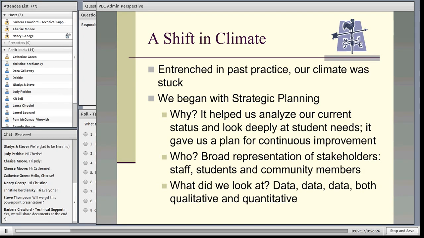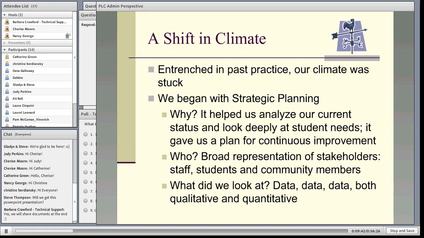So when I say data, I'm not just talking about standardized test data. I'm talking about anything that gives you that qualitative and quantitative information to then work from. And most importantly was student feedback data. And we got that both through student surveys, but also through the students' participation in that strategic planning.